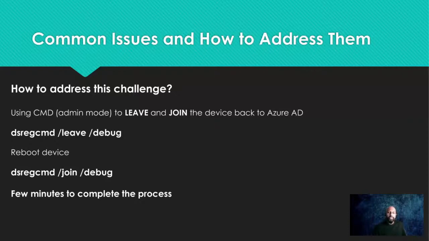Basically you have to leave the computer and join back, the same as when the trust relationship between a local AD and the computer is broken. So you remove the device from Azure AD by using dsregcmd /leave /debug, and you reboot the device.